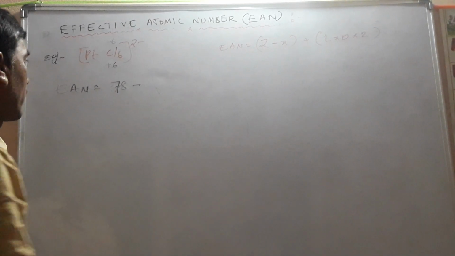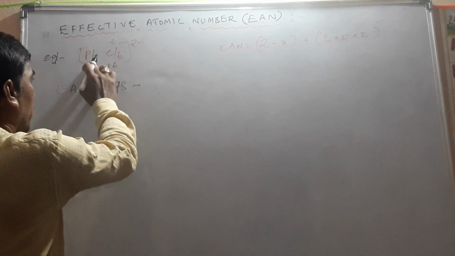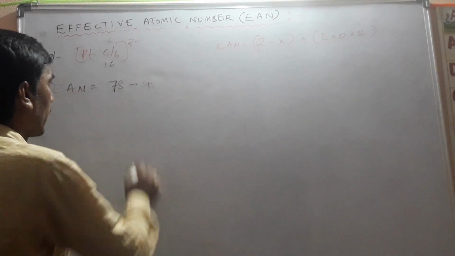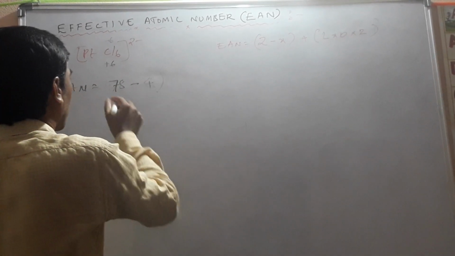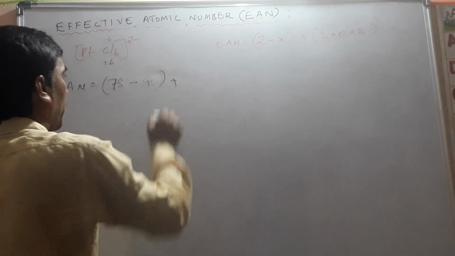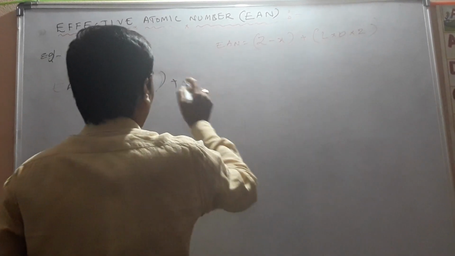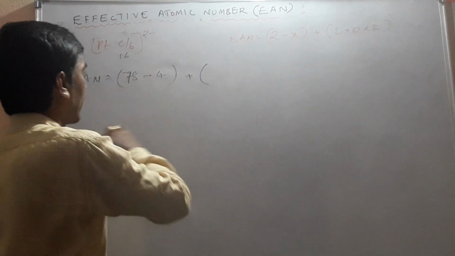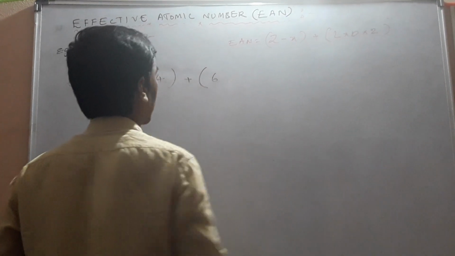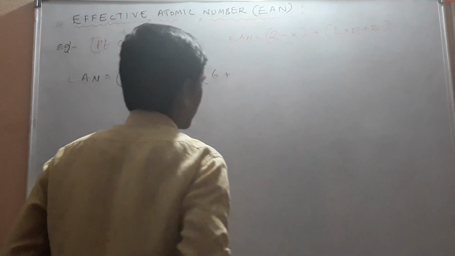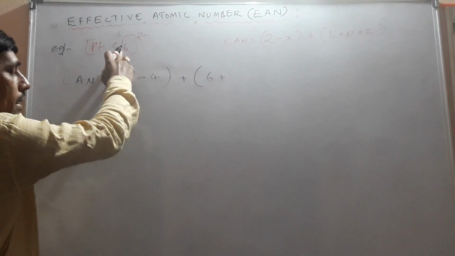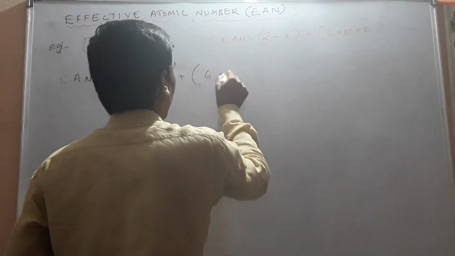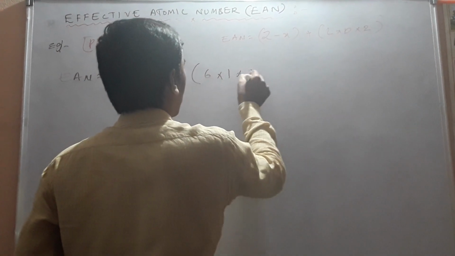Plus 4. That's why the oxidation number of platinum is 4. Next, plus total ligands. How many ligands are there? 6 ligands are there. Next, denticity of ligands: it is a monodentate negative ligand. That's why we are using 1 into 2.